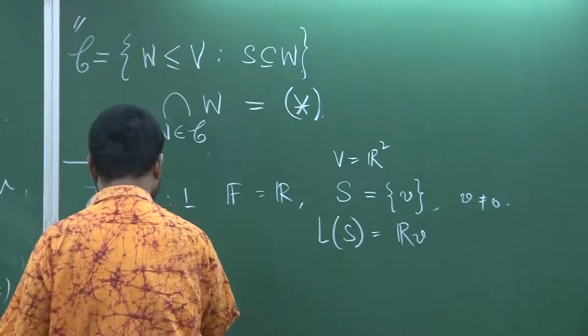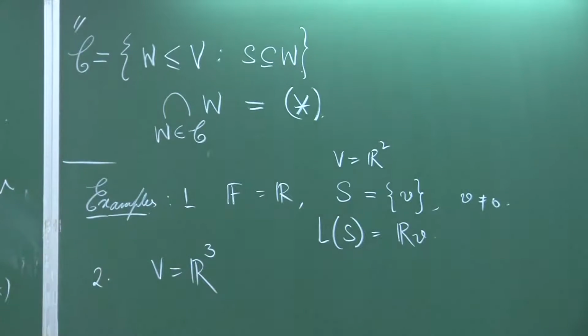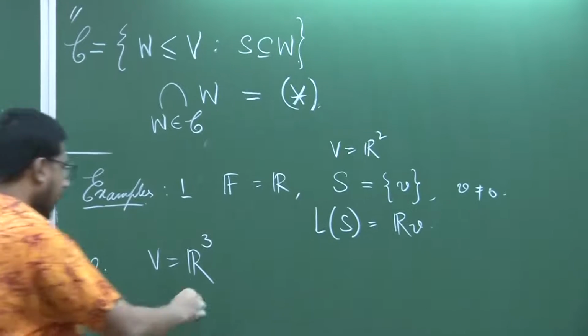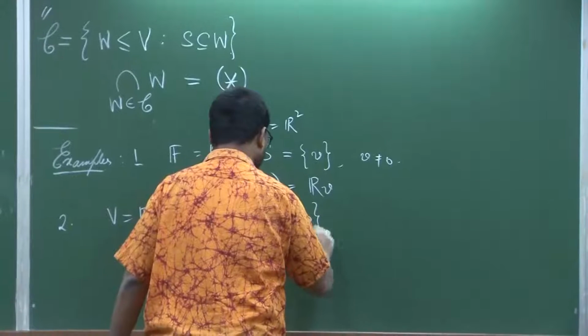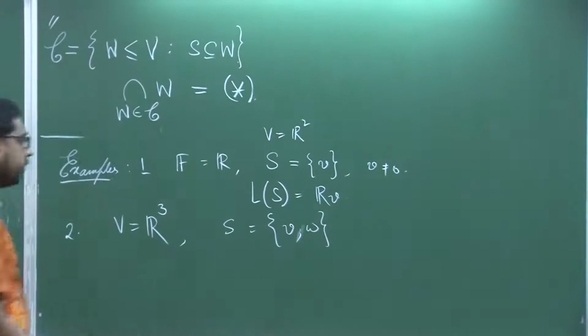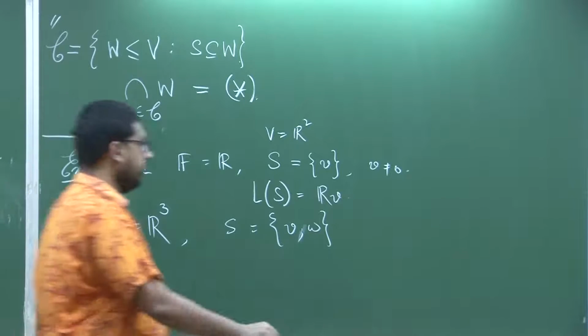Now let us take V to be R3, and let S be the set of two vectors v and w. What is the linear span? Let us try to see that geometrically.